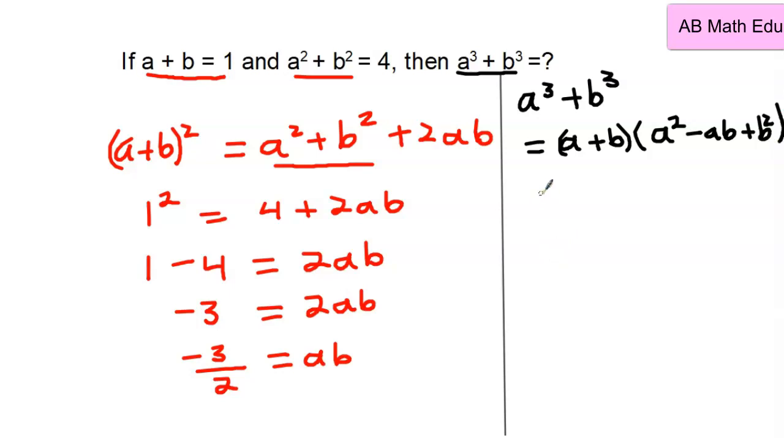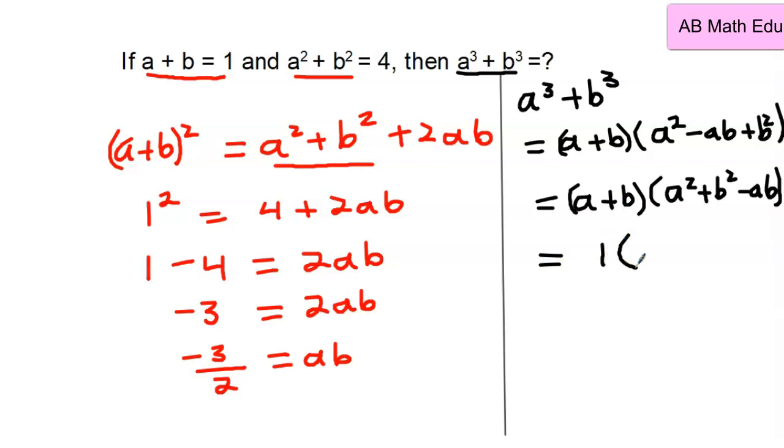We can rearrange it a little bit: (a plus b)(a squared plus b squared minus ab). We know a plus b is 1, and it is multiplying a squared plus b squared, which has been given as 4, and we're able to find our ab here.